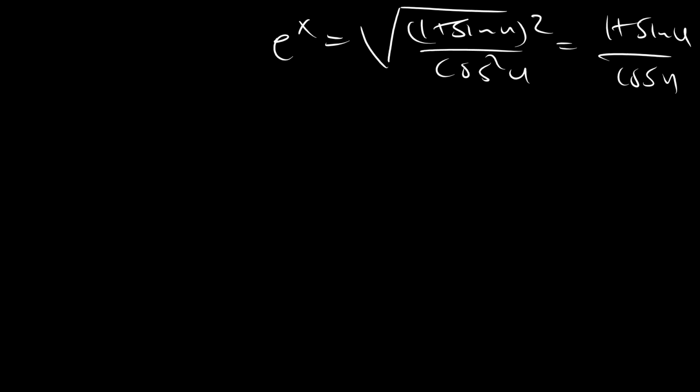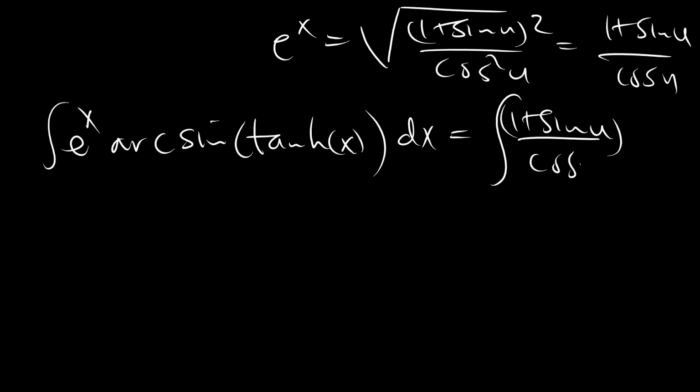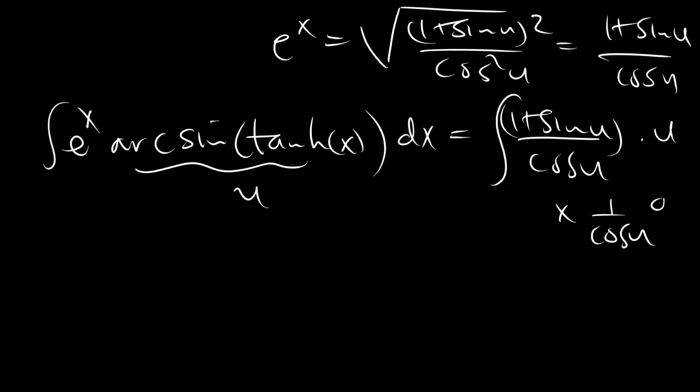And so our integral, e to the x arc sine of tangent of x, is equal to the integral of (1 plus sine of u) over cosine of u, times u, times 1 over cosine of u du.